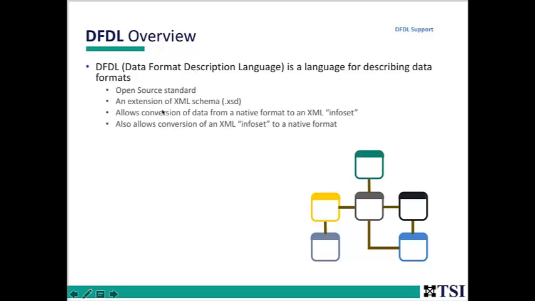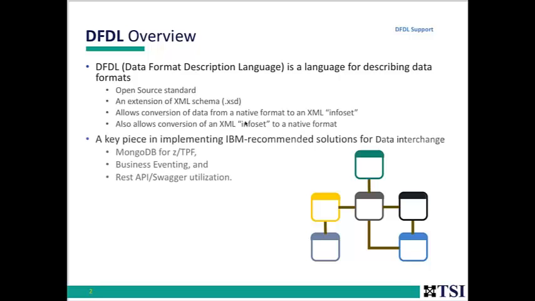So for example, we could start with TPFDF, and as long as we have the right schema, and the DFDL schema is correct, it can be converted to XML, and then that XML could be converted to JSON or BSON, binary JSON, or other formats. And you can see how that would allow data interchange between zTPF and other systems.